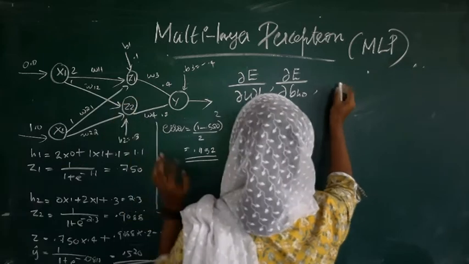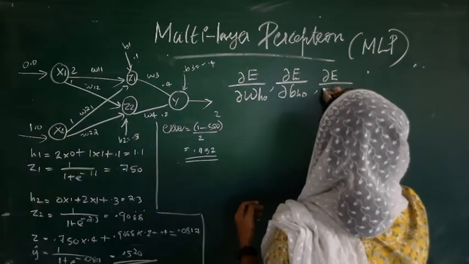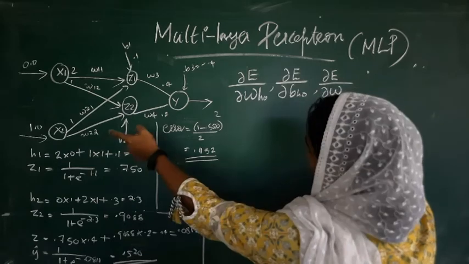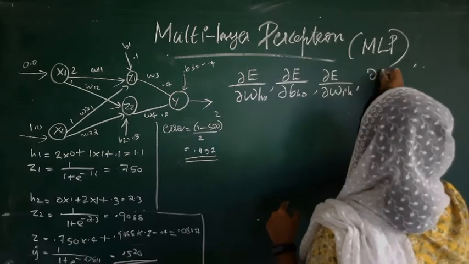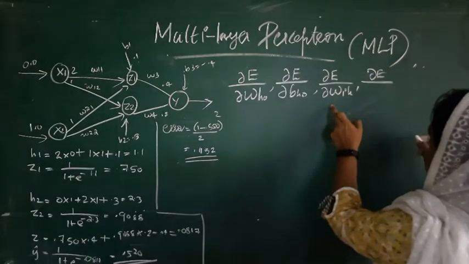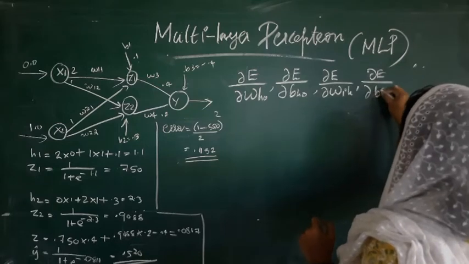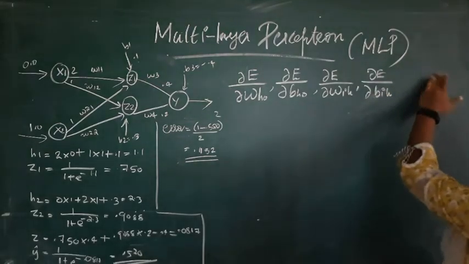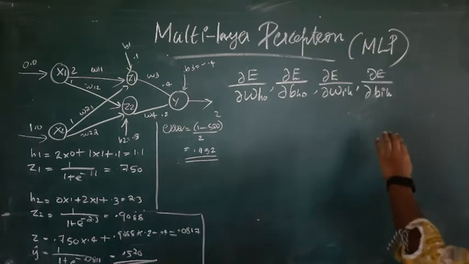Similarly, if we have just two layers, we have to find the contribution of the weights in the input to hidden layer in the error, and we also have to find the contribution of the biases in the input to hidden layer in the error. So these four are the main quantities that we need to calculate.